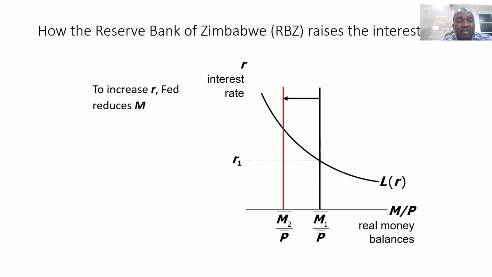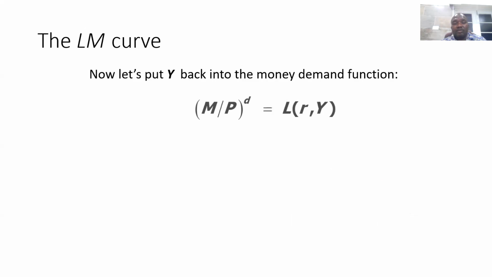If the government, through monetary authorities, wants to increase the interest rate, it simply reduces money supply, and then we migrate along the same downward sloping liquidity preference curve or money demand function, leading to a higher interest rate of R2.